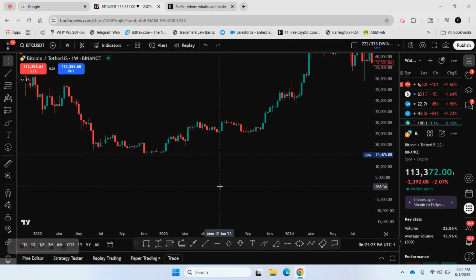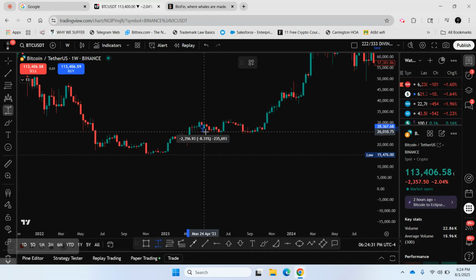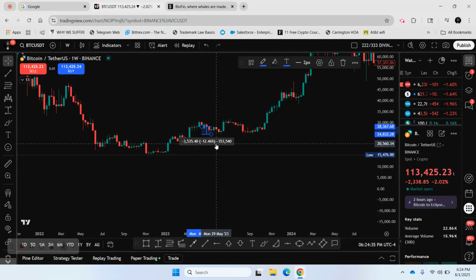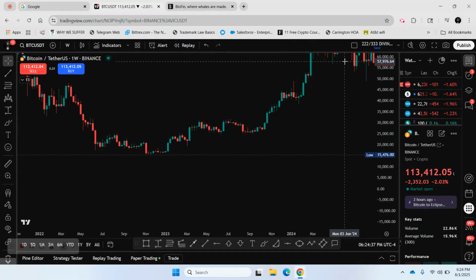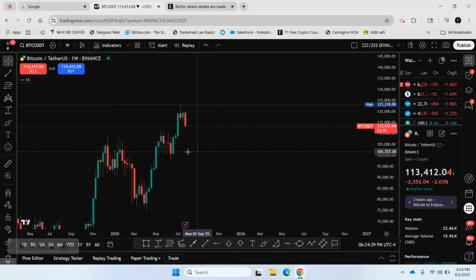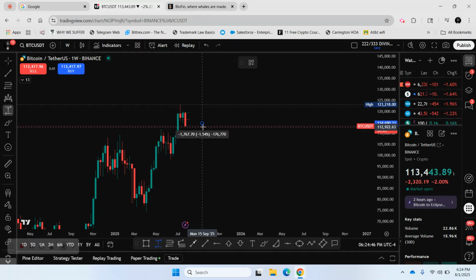We rolled over. It doesn't look deep, but if I do a measurement from where we engulfed and bring it down, it's not bad. It's a 12% drop. So it ranges. What would that probably look like if we do it from here and get a 12% drop? I'm just using an example.